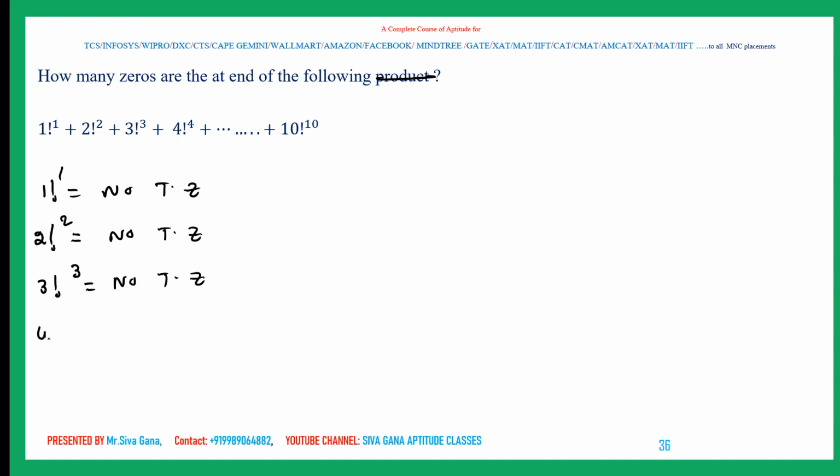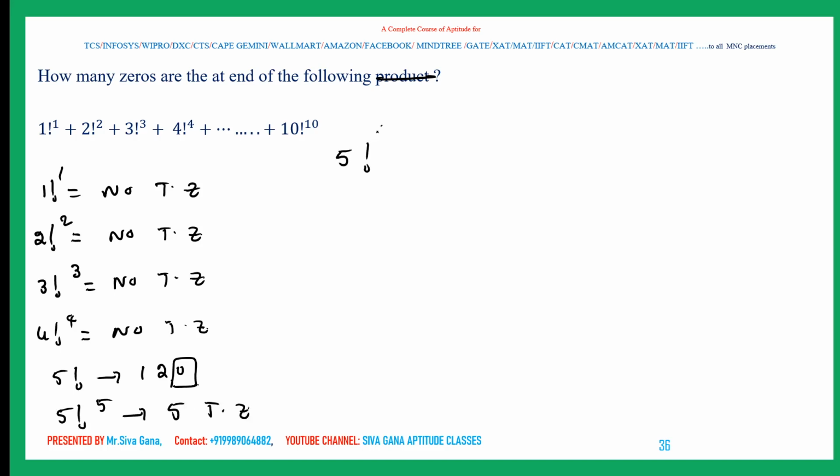Now 4 factorial power 4, 4 factorial is 24, 24 power 4, no trailing zero, that is also okay. Now trailing zeros start. 5 factorial is nothing but 120, 1 trailing zero. Now 5 factorial power 5, how many trailing zeros? 5 trailing zeros.